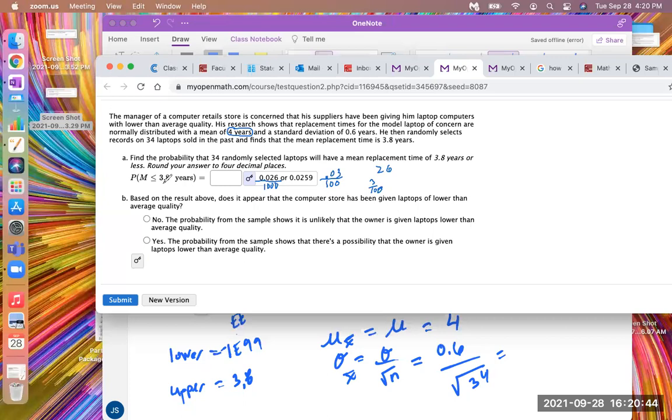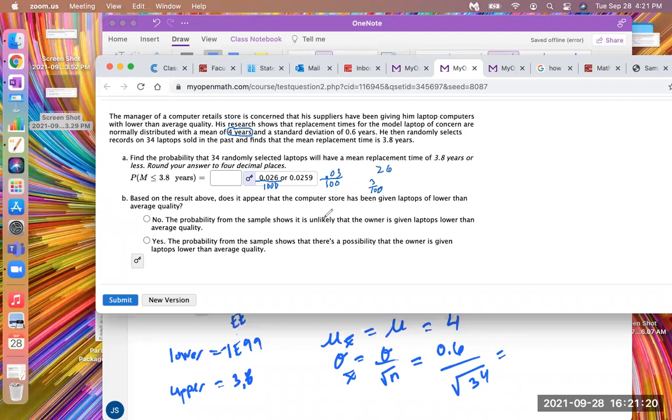You would not get a sample of 34 computers with a mean replacement time of 3.8 years unless the average computer itself is close to having a mean replacement time of 3.8 years. So this is evidence that probably the computers are less qualified.